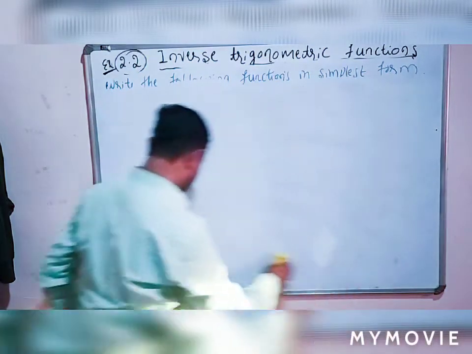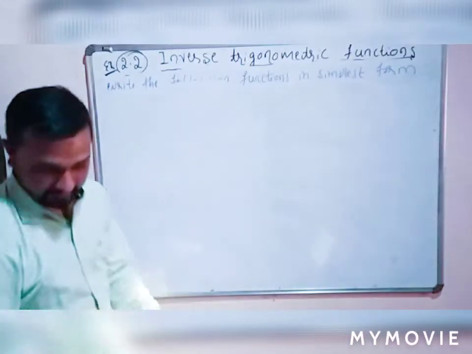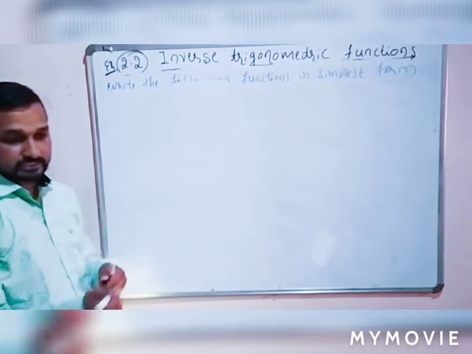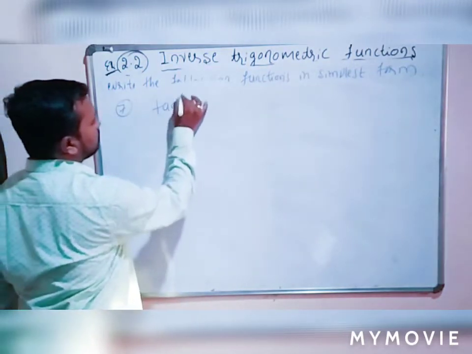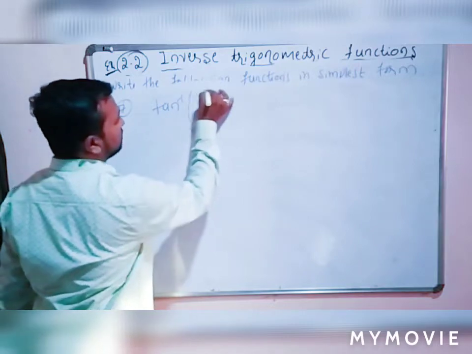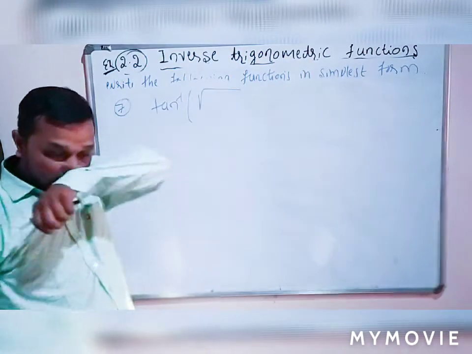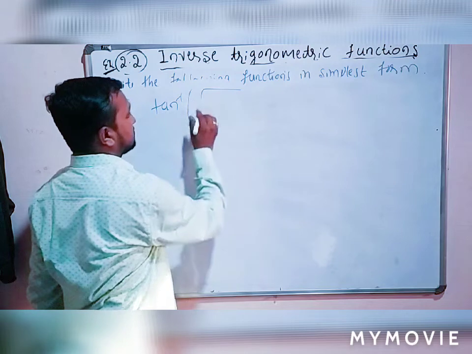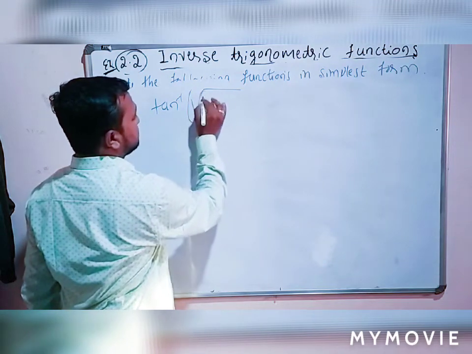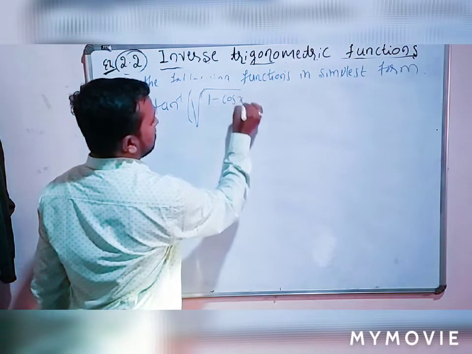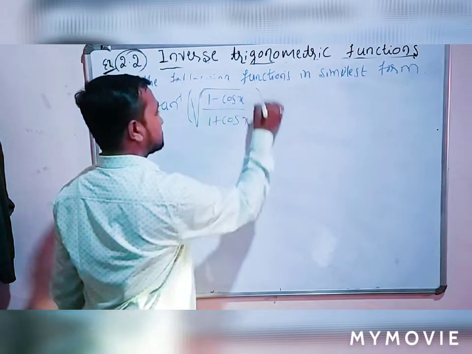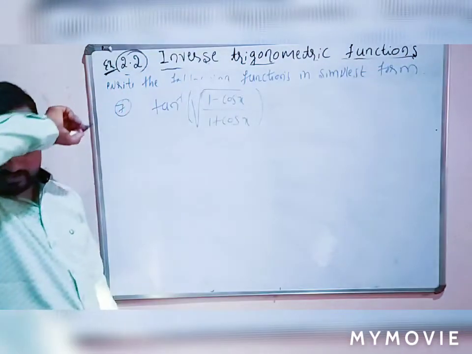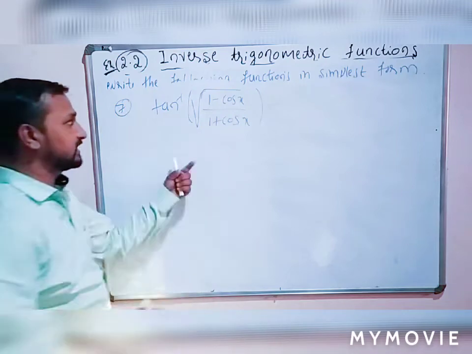Next example, write down seventh one. Tan inverse of, in the bracket, root of 1 minus cos x by 1 plus cos x. Very important and easy. Very simple example.